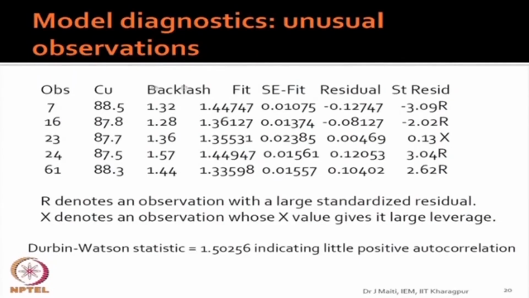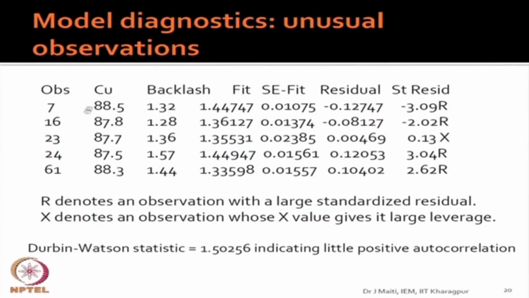This is also available in software. If you ask Minitab, it will give you which observations are influential and should be considered. Then another important issue is which variables are making the observations influential.